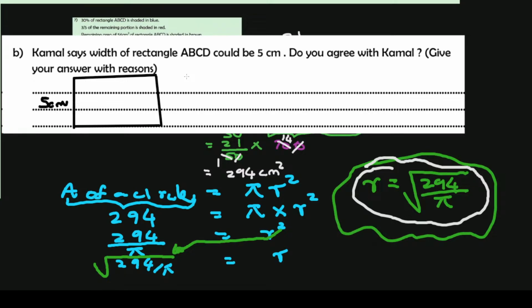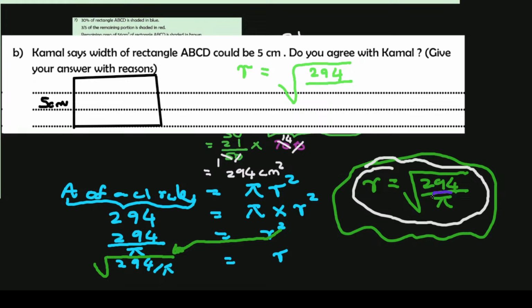That would be the radius. Radius is equal to the square root of 294 divided by pi.